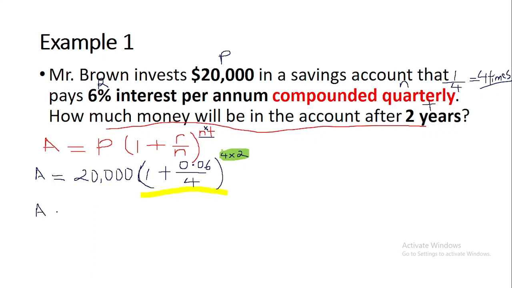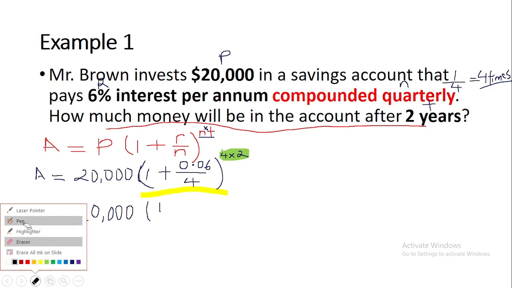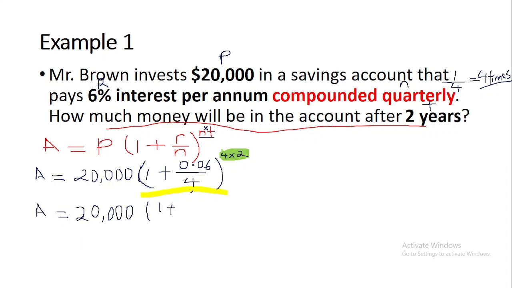A is equal to 20,000, and we have 1 plus 0.06 divided by 4, which is going to be 0.015.